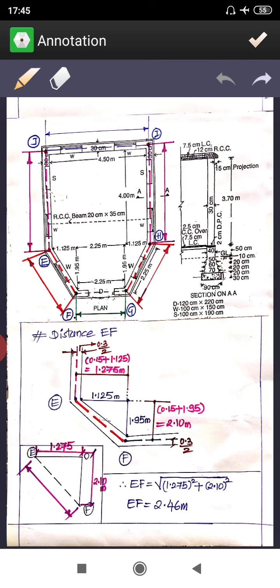The long wall concept says that you take the center to center of a wall and add one full width of the particular wall. Why am I taking one full width? Students are always in a dilemma about which to take as a long wall and which as a short wall.